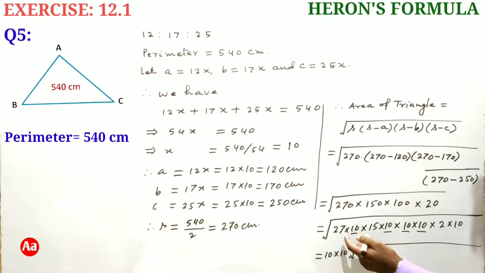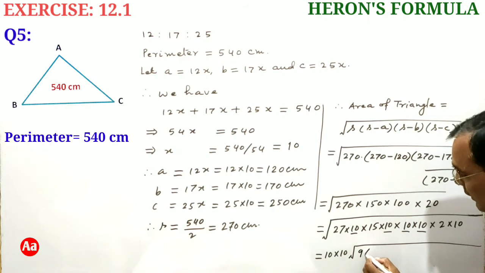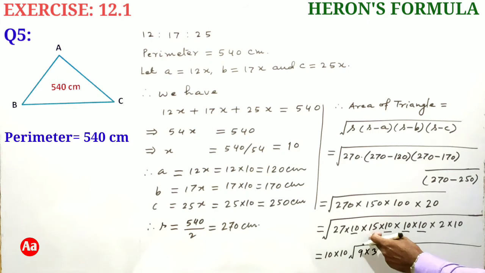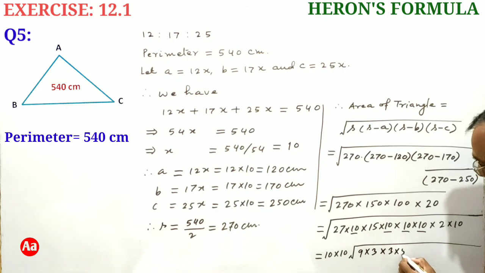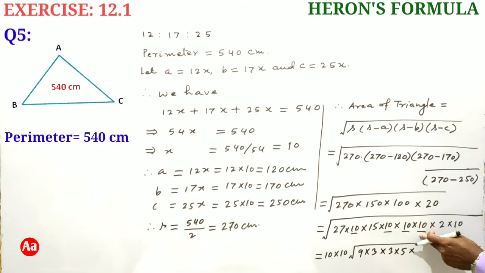Now this 27 we can write 9 into 3. 15 we can write 3 into 5, and this 10 we can write 5 into 2, and this 2 we can write into 2.